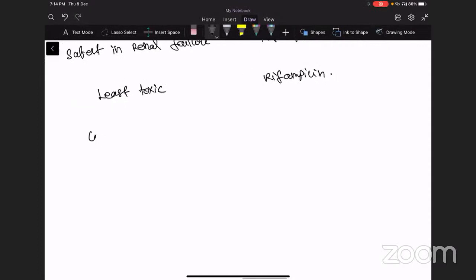ATT that is contraindicated in pregnancy is streptomycin.